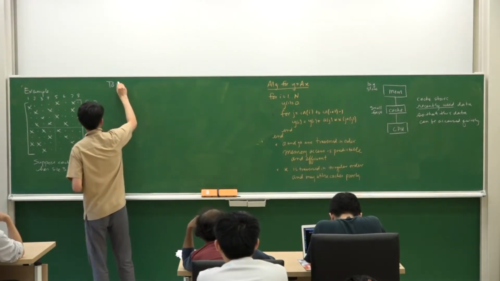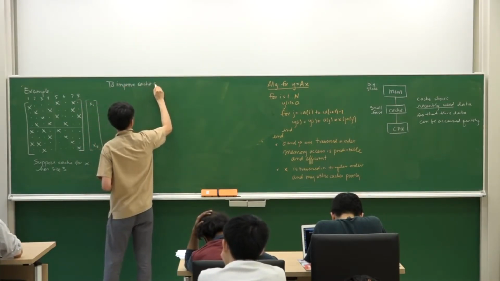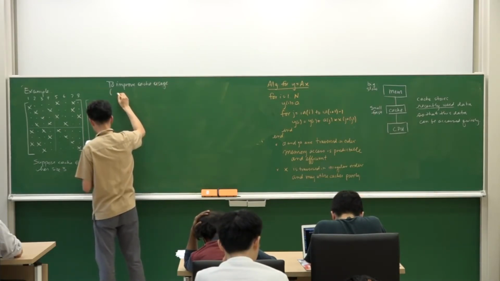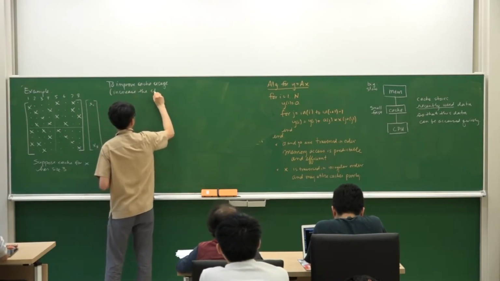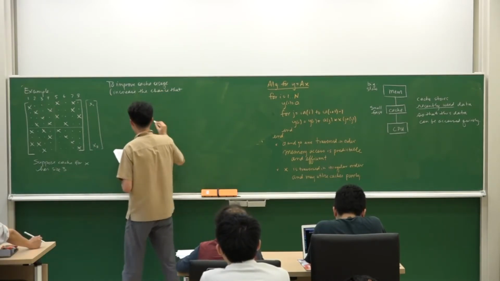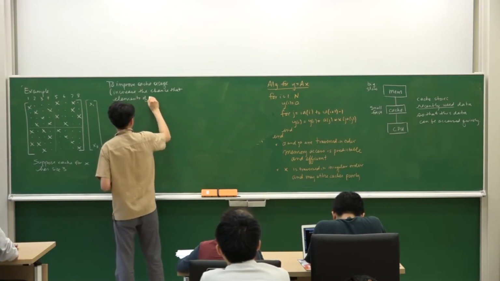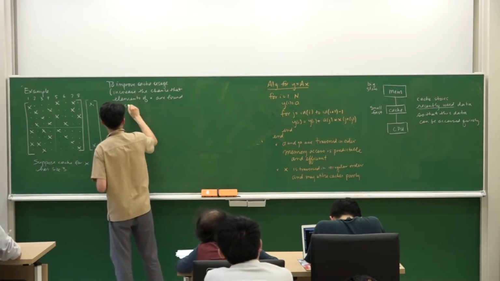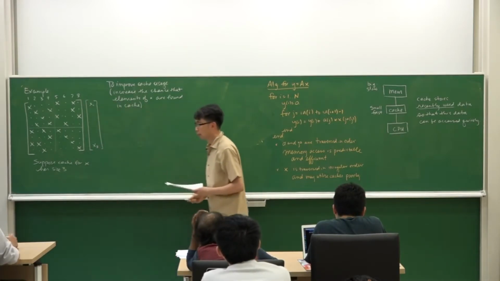So to improve cache usage, which means increase the chance that elements of x are found in cache, what can we do?